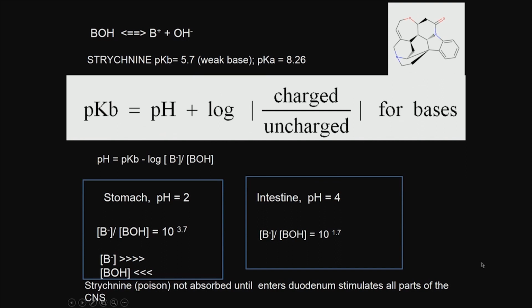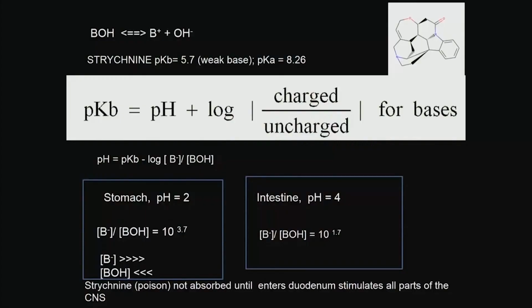So, that is a very interesting strategy for designing quick acting drugs and slow acting drugs by changing the pKa and pKb. This is also very, very important for you to understand, because that will also tell you about the pharmacokinetics of the drug.